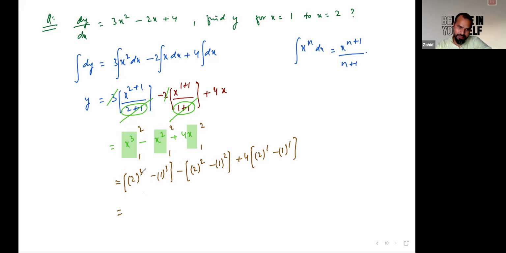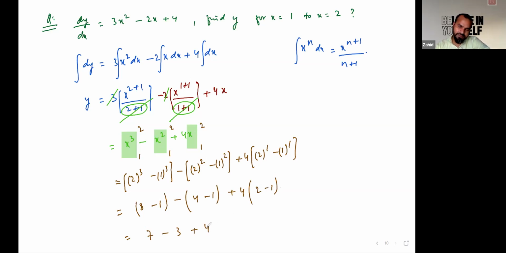So 2 cubed means 8 minus 1 for the first part, 2 squared means 4 minus 1 for the second part, plus 4 times 2 minus 1. So it will be 8 minus 1, 7, 4 minus 1, 3, and 2 minus 1, 1.